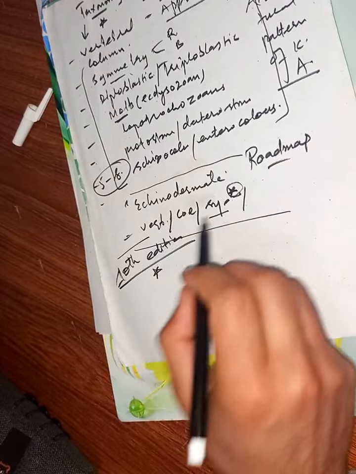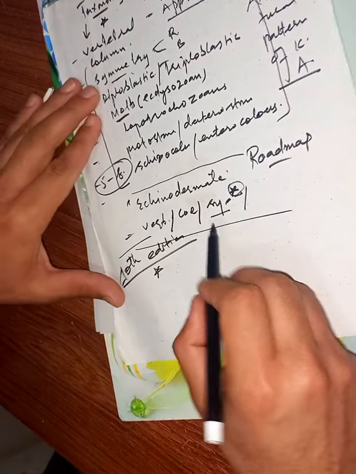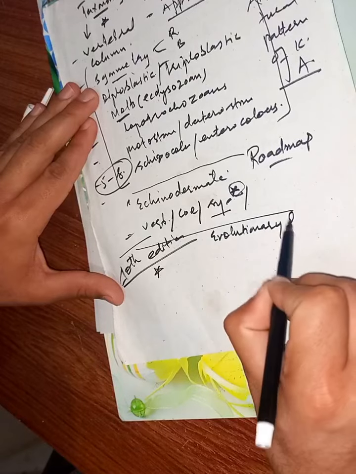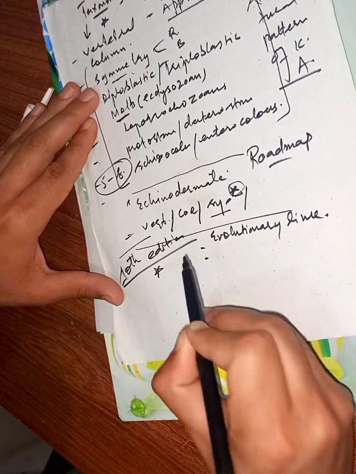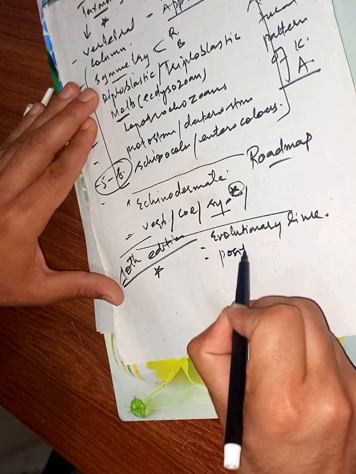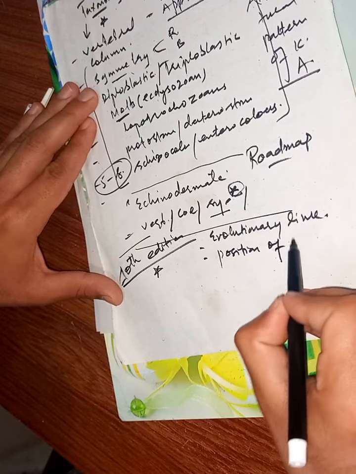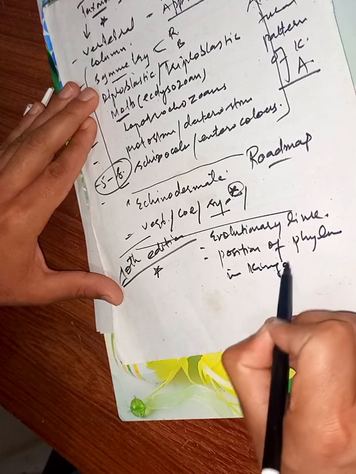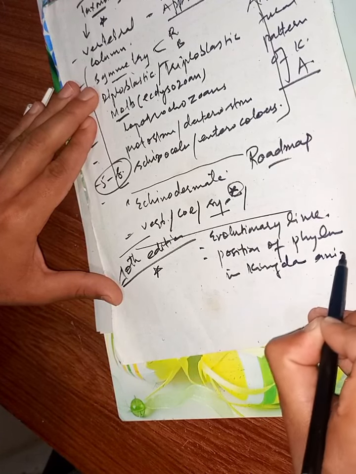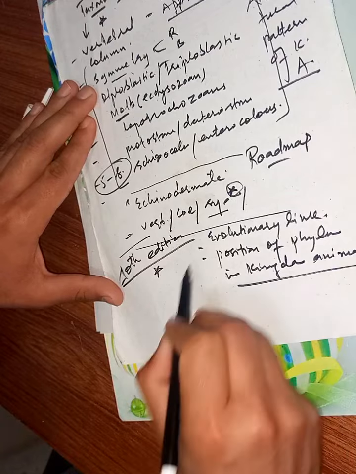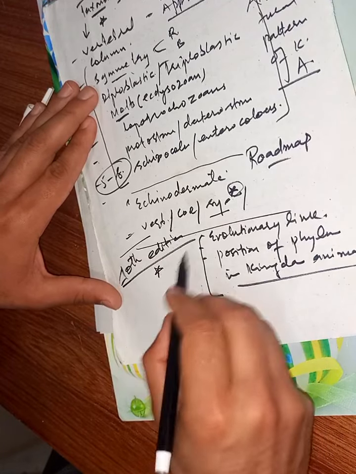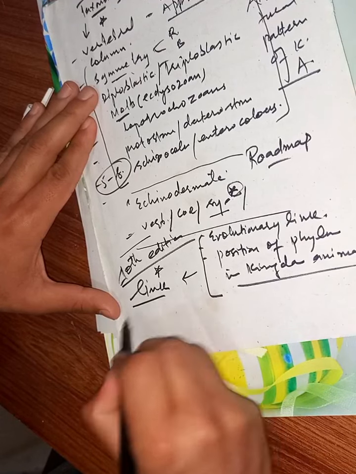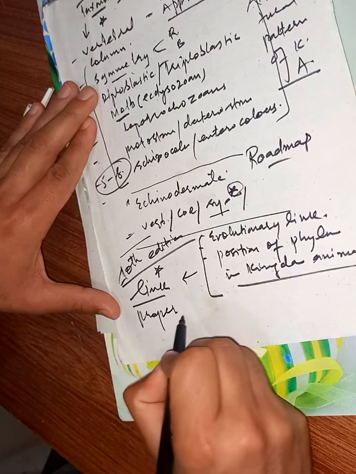The next important thing you have to study is the evolutionary link, or the position of a particular phylum in kingdom Animalia. Why is it important? Because it will give you a link and a proper understanding of the thing.